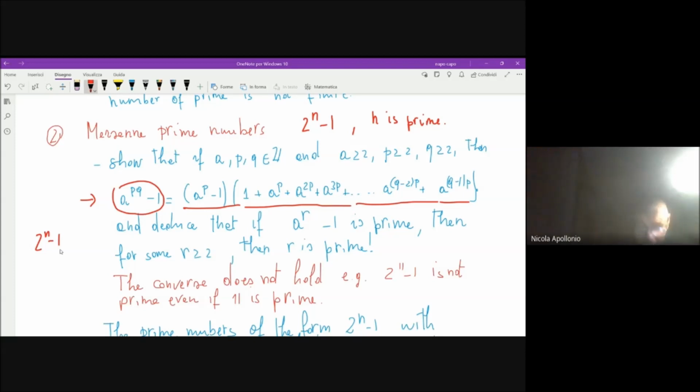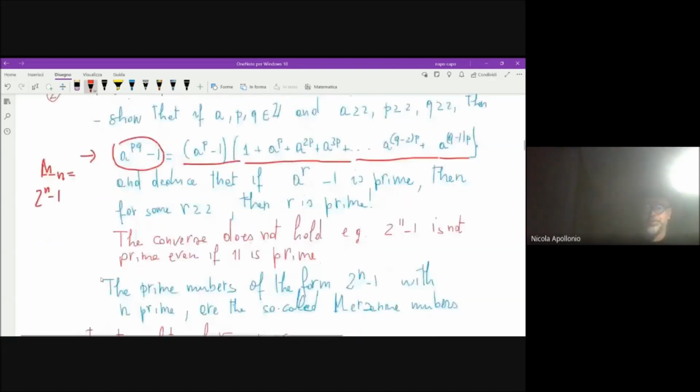So you are assuming that the Mersenne number is prime. This is the nth Mersenne number. So if Mn is prime, n is prime. This is what you have to prove.